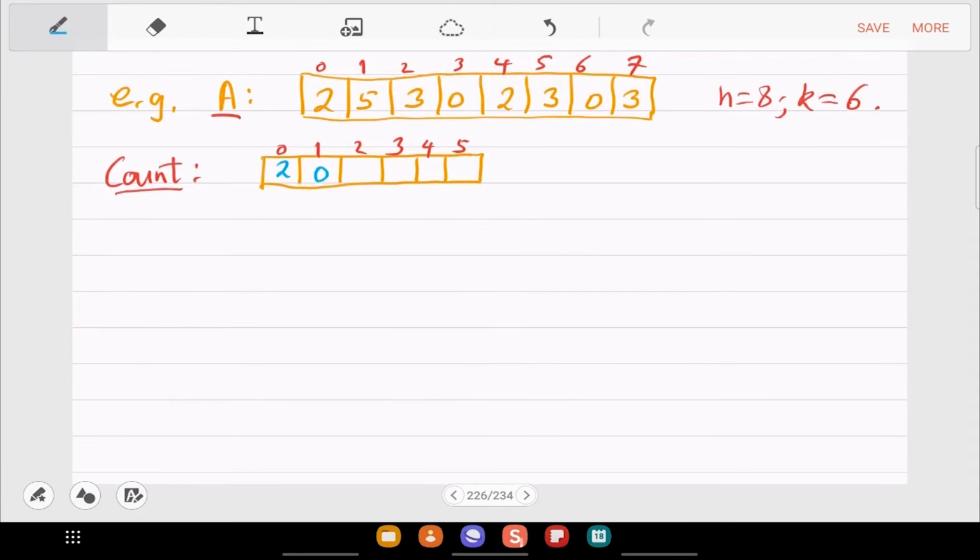Frequency of 2 is 2, frequency of 3 is 3, frequency of 4 doesn't appear, frequency of 5 is unique. Right, so you calculate this, and from here you should already get the idea what the sorted output will be. Because 0 appears twice, so the first two answers have to be 0, 0. Then 1 doesn't appear, then you jump to 2, and that you have to repeat, so 2 and 2, right?